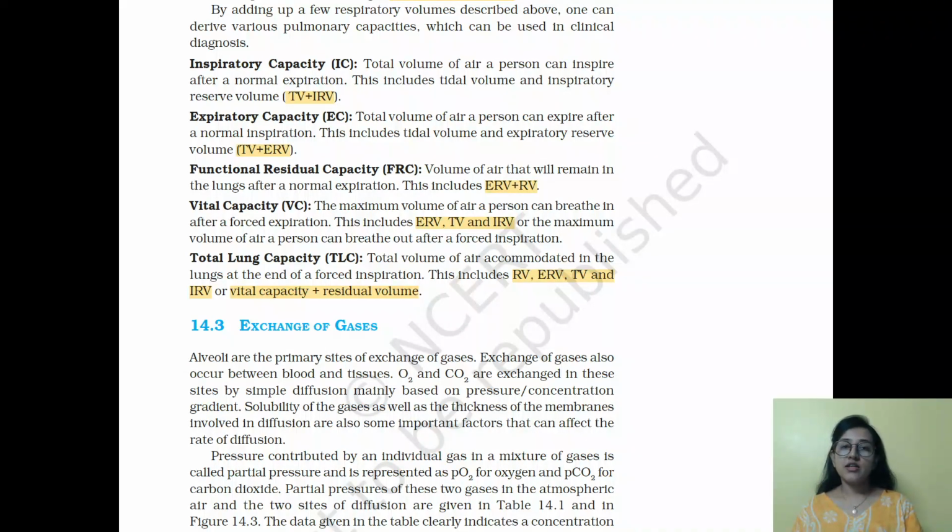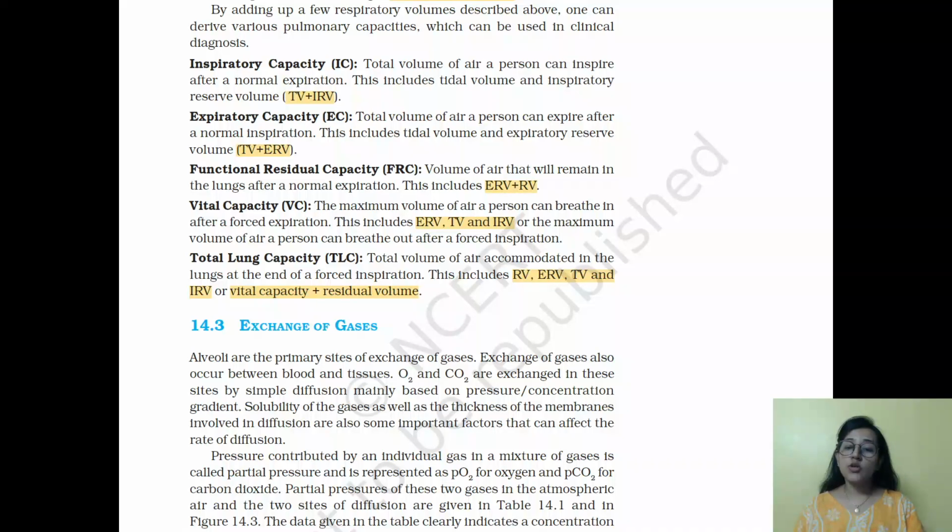So in case of a forced inspiration, the total amount of air that we are taking in is tidal volume plus inspiratory reserve volume. Then if we expire this air forcibly, the total amount of air that we are expelling out of our lungs is tidal volume plus expiratory reserve volume.